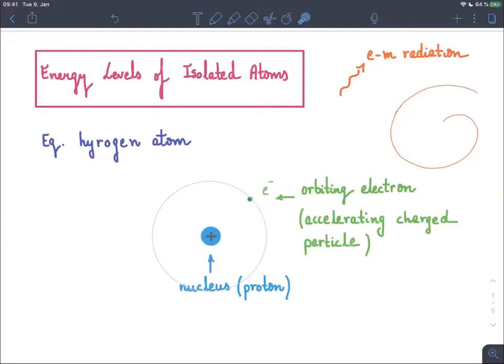But for the time being, I'd like to concentrate on a persistent problem that intrigued most scientists around the year 1911. The fact that orbiting electrons were ultimately accelerating charged particles. According to established theory of electromagnetism, these electrons were expected to emit radiation continuously, just as any accelerated charge would do.